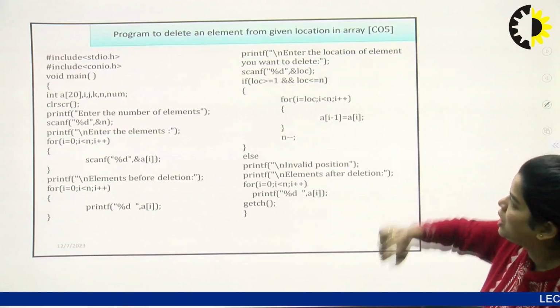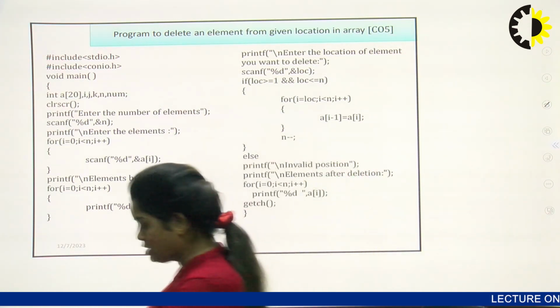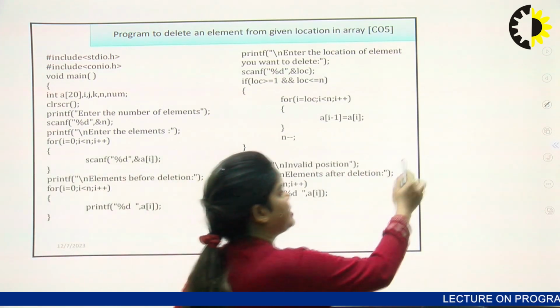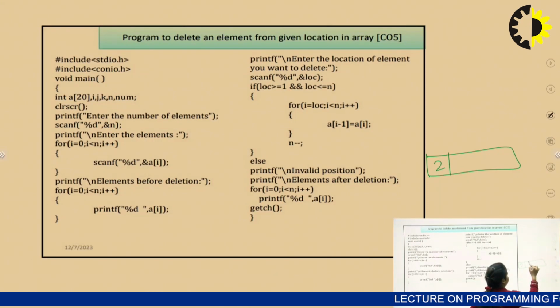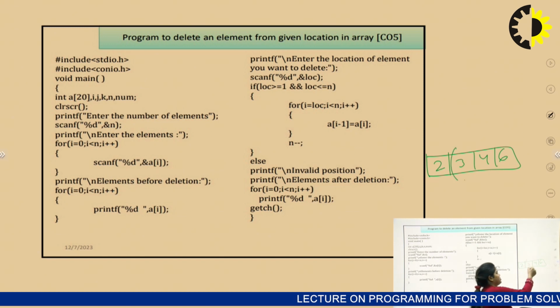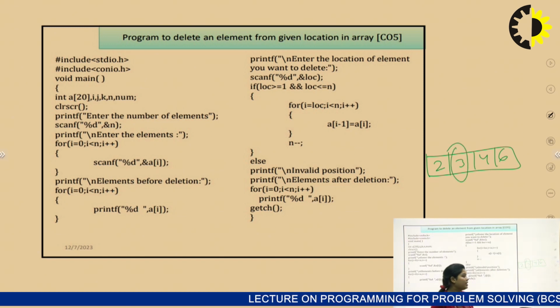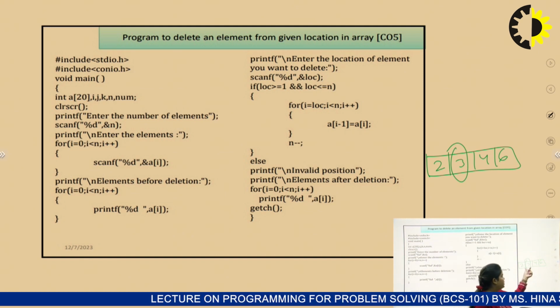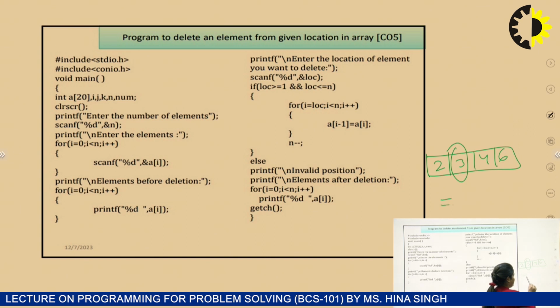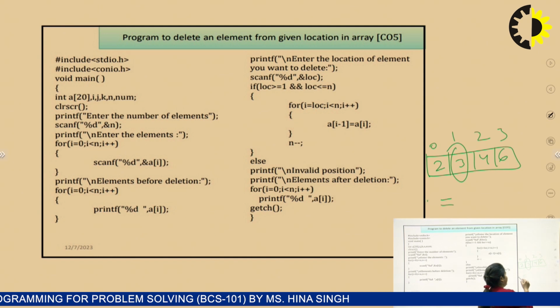Now let's see how to delete an element. It works the same way. If this is an array 2, 3, 4 and 6, and you want to delete a particular element, let's suppose this element, then you just have to give the position, means 0, 1, 2, 3, then array first position.